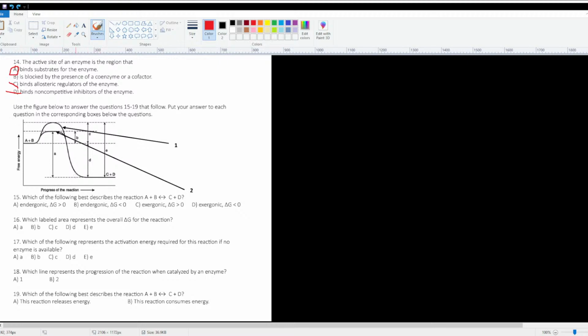So 15 is asking which of the following best describes the reaction that's occurring? A plus B gets turned into C plus D, and this is reversible, which doesn't really matter. So what's going on here? Look here. Free energy on the y-axis, progression of the reaction on the x.